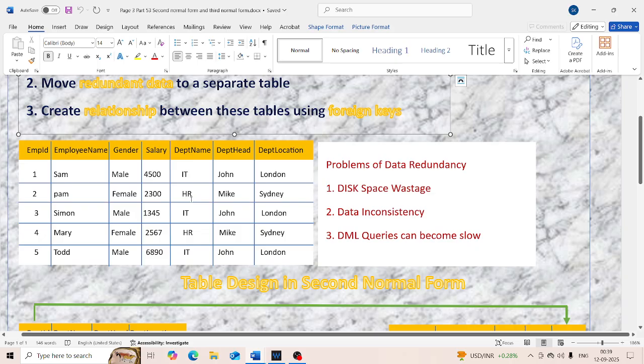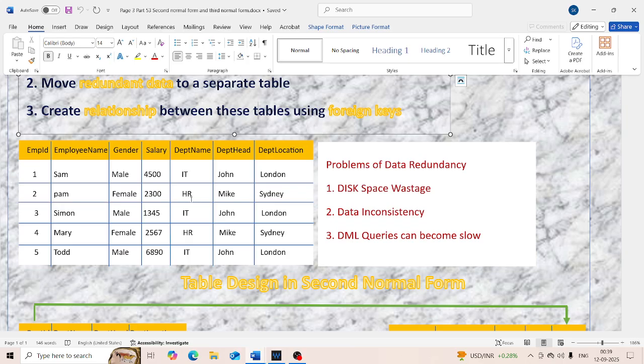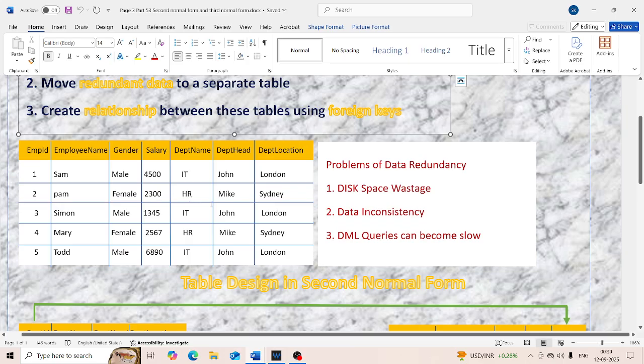So if you look at this table, you have employees data and department data joined together in a single table.